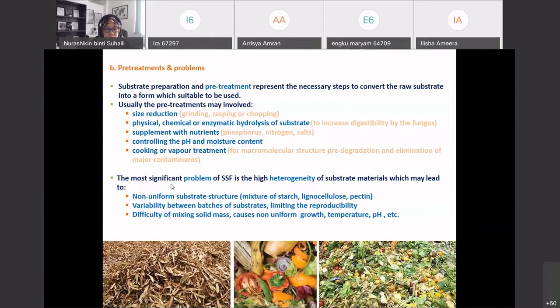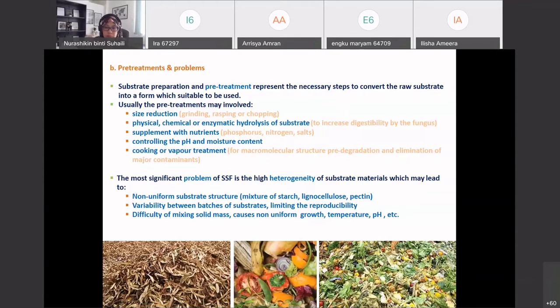Okay, the most significant problem of SSF is the high heterogeneity of the substrate materials, which may lead to non-uniform substrate structure, variability between batches of substrates, and difficulty of mixing solids, which causes non-uniform growth, temperature, and pH, etc. So this is among the problems related to SSF, because the culture is in solid state.